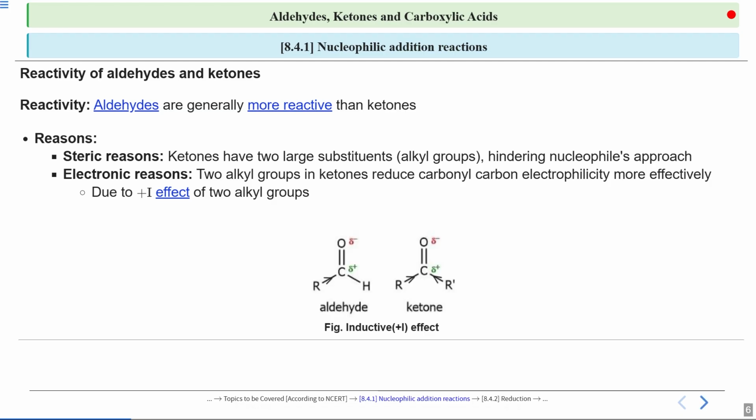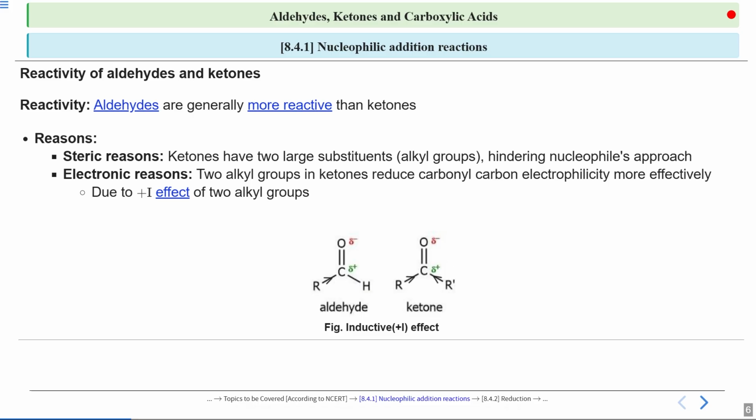So if you look at this diagram, students, you can visualize it more clearly. You have an aldehyde and you have a ketone. Imagine the carbonyl carbon in a ketone is being shielded by two electron clouds because there are two R groups. So the carbonyl carbon of your ketone is shielded by two electron clouds.